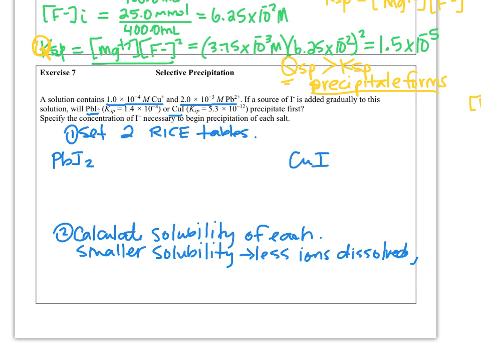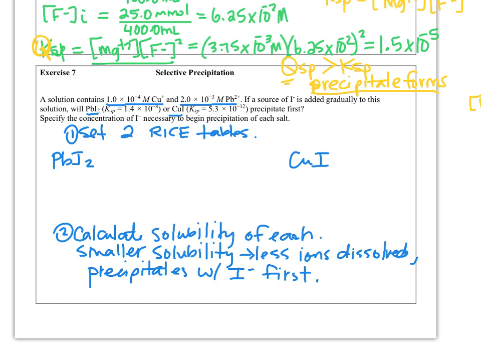And so since it has the less dissolved ions and the lower KSP value, then it precipitates first, meaning it will precipitate with the iodine first, because it's going to pick up those extra iodines faster than the one that has a lot.